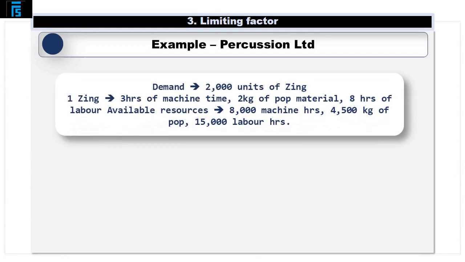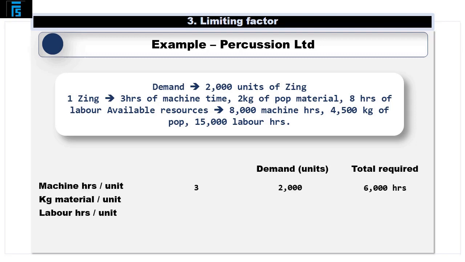Let's consider this scenario. Percussion Limited has demand for 2,000 units of product Zing. Each unit of Zing takes 3 hours of machine time, 2 kilograms of material pop, and 8 hours of labour. Percussion has the following resources available: 8,000 machine hours, 4,500 kilograms of pop, and 15,000 hours of labour.